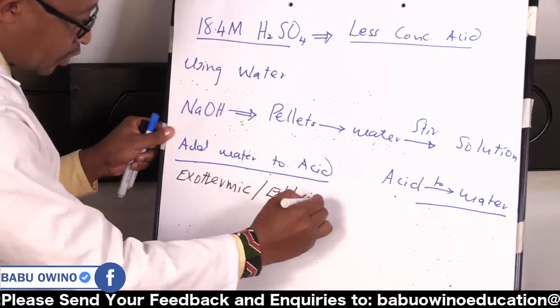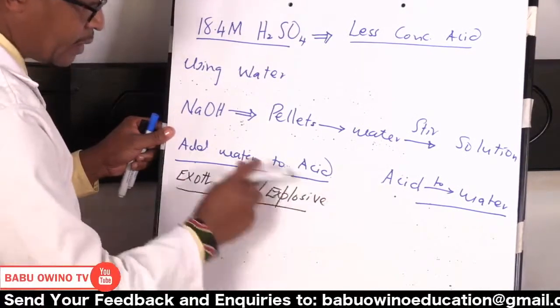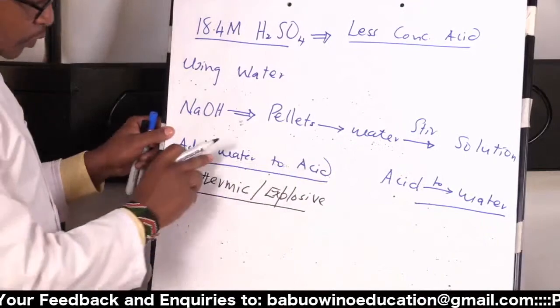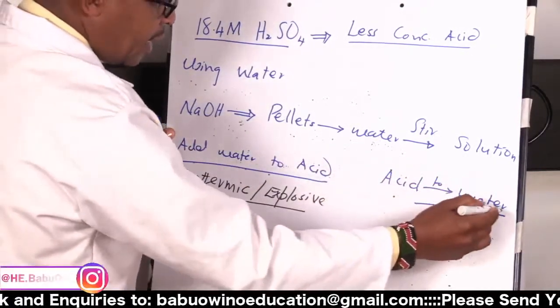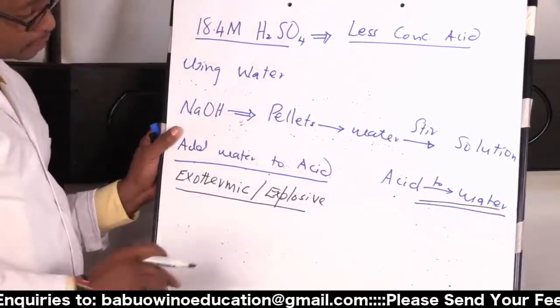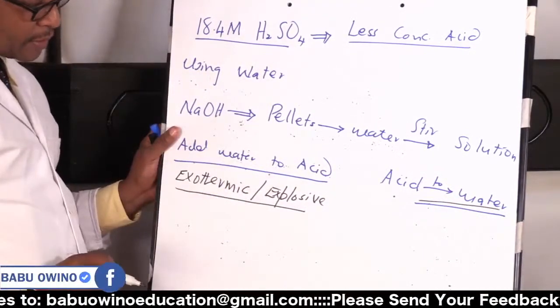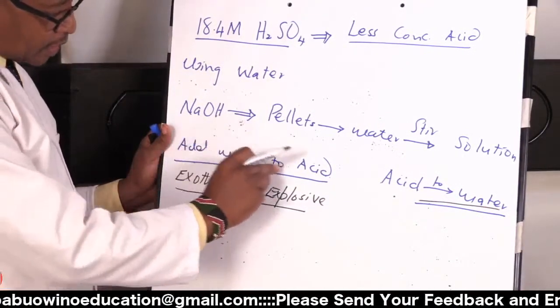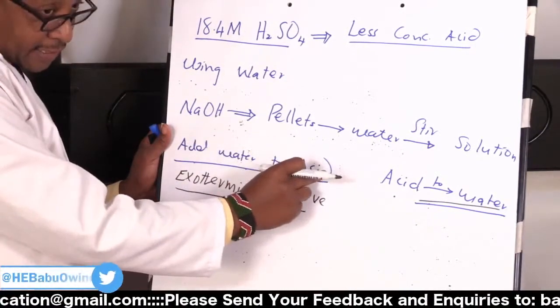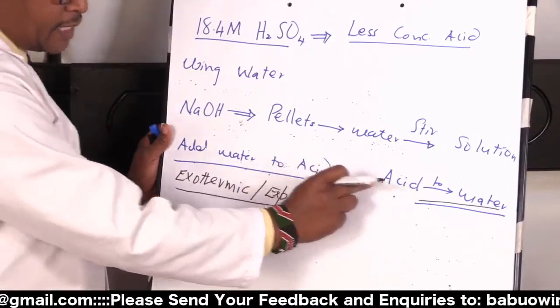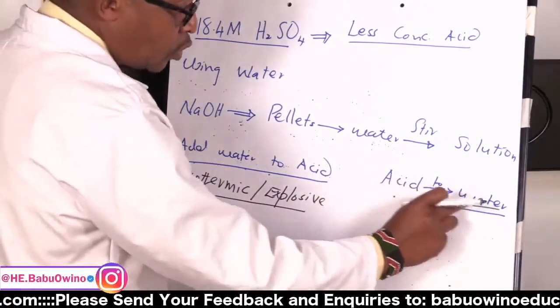This reaction produces a lot of heat. So if you add water to acid or acid to water, the amount of heat produced is different. Here you're adding water to a lot of acid, and in this case, you're adding acid to a lot of water.